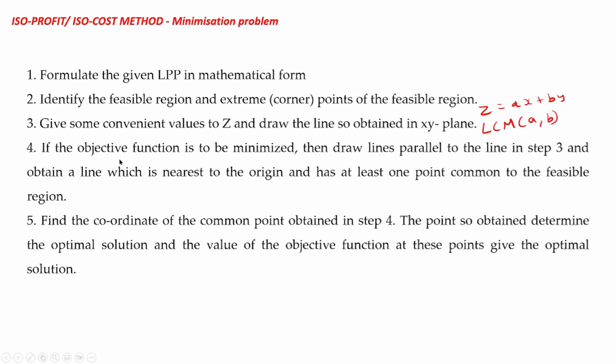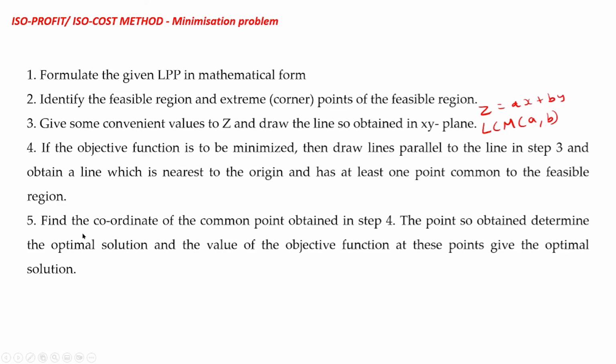The next step is, if the objective function is to be minimized, then draw lines parallel to the line in step 3 and obtain a line which is nearest to the origin and has at least one point common to the feasible region. So we draw lines parallel to the isocost line which we have already drawn, and obtain the line nearest to the origin with at least one point common to the feasible region.